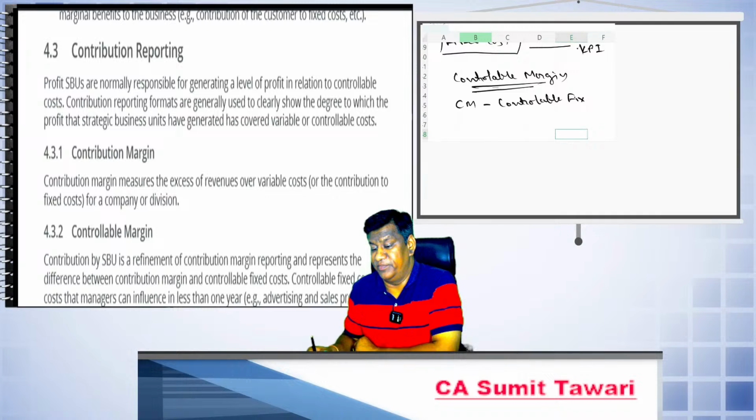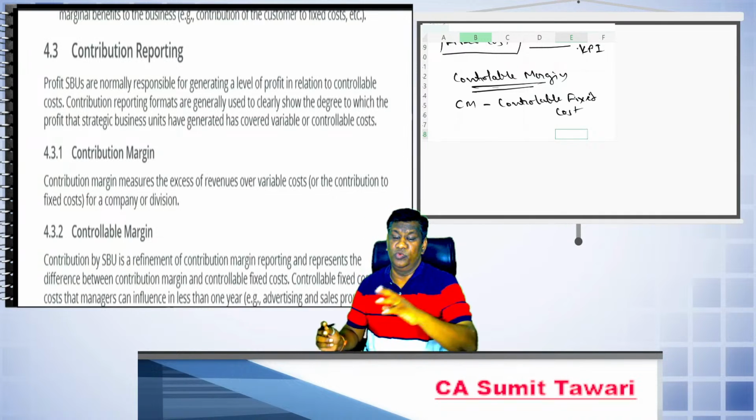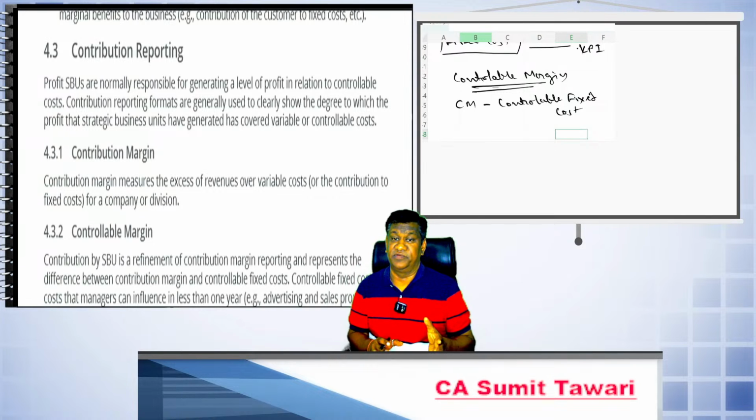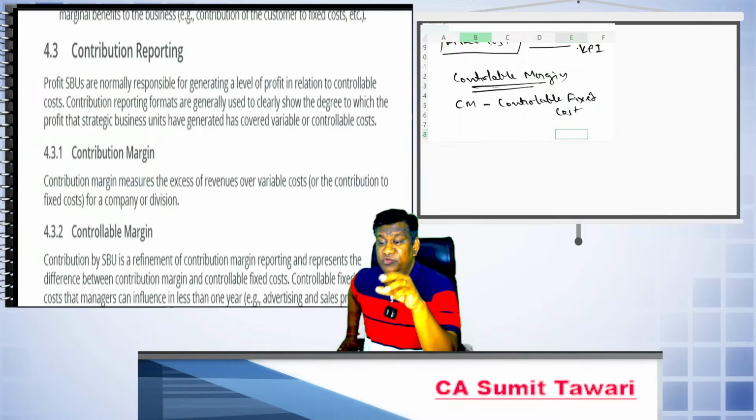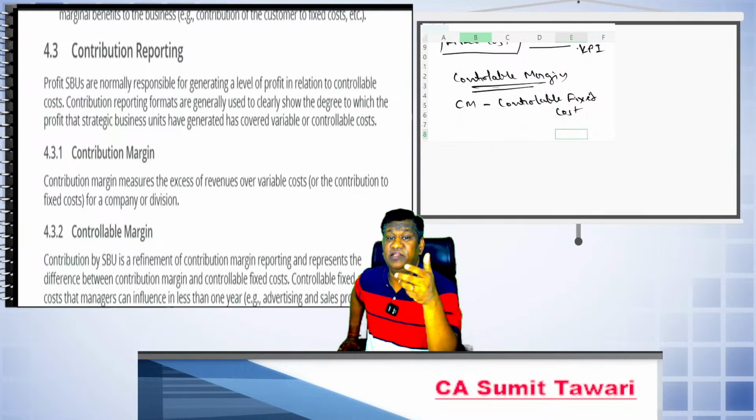Controllable fixed cost means maybe you can close down one entire shift. Because of that, you may not save the depreciation on a building, but you can save the electricity expenses or the canteen facility.